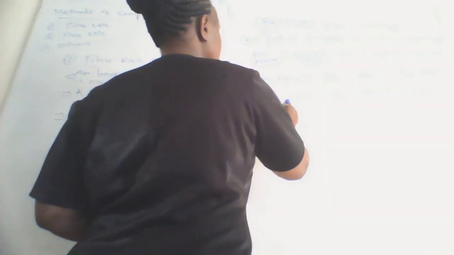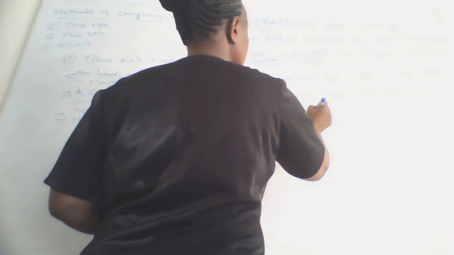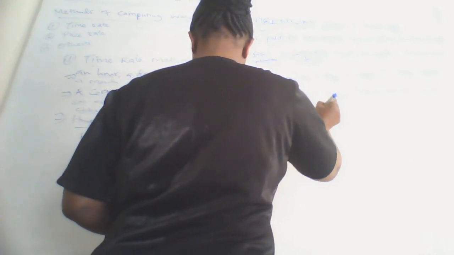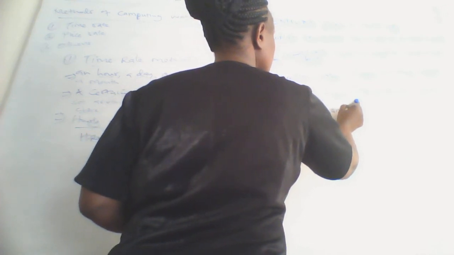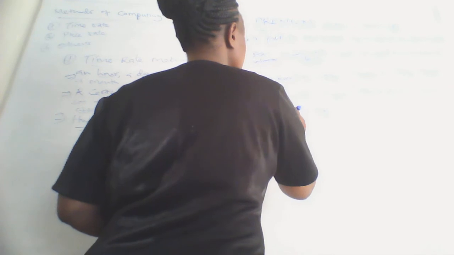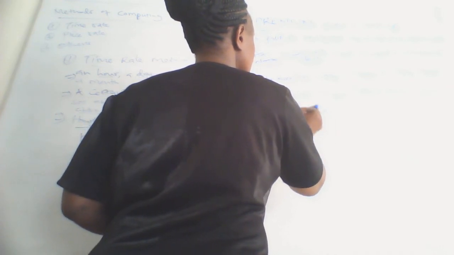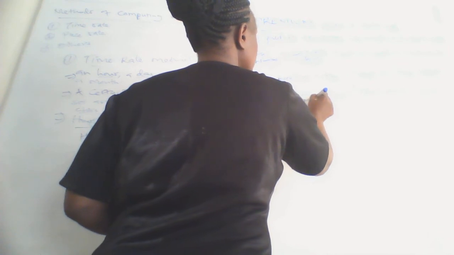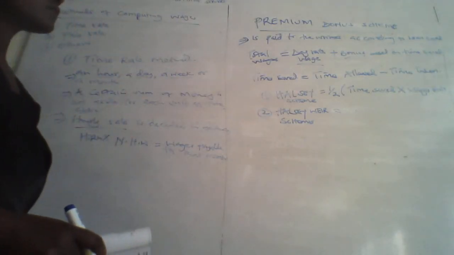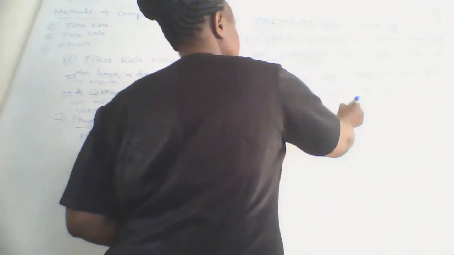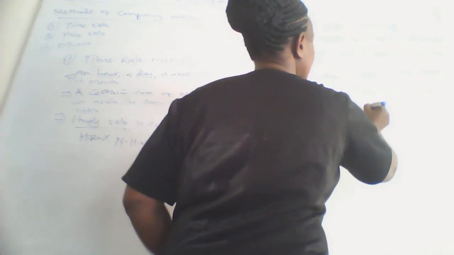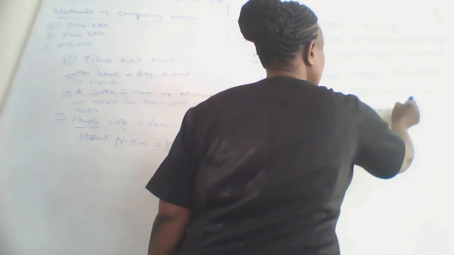Another bonus scheme is the Halsey waiver scheme, where instead of using a half, we use a third: 1/3 into brackets time saved times wage rate.